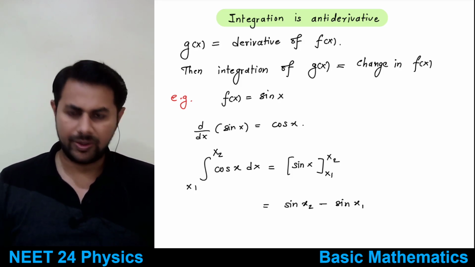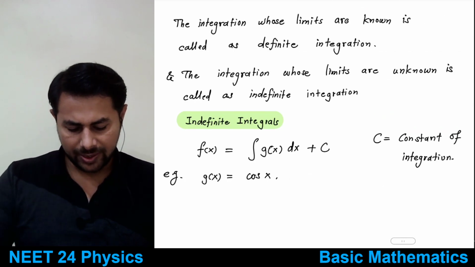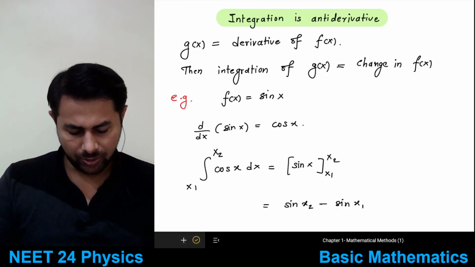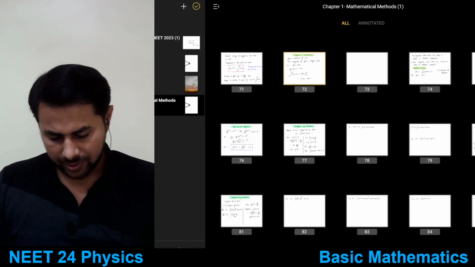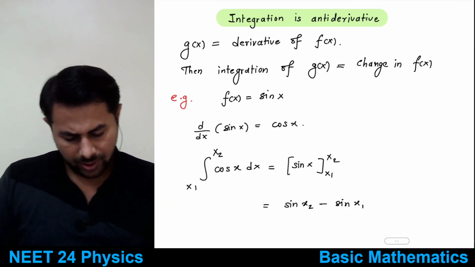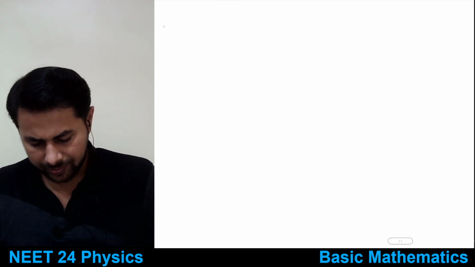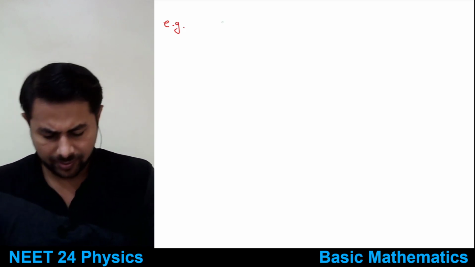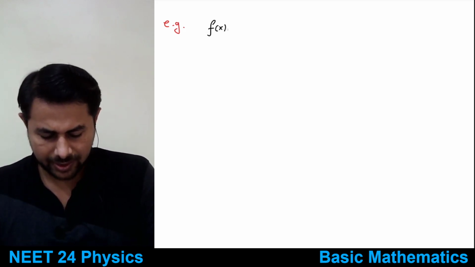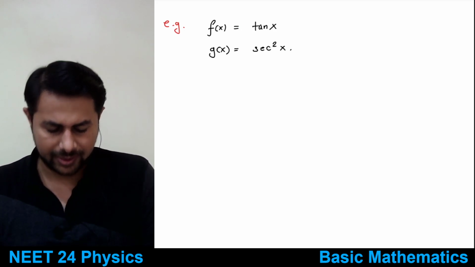Okay, very good. Then we can take some more examples. The derivative of tan x is secant square x, right? So f of x is, suppose, tan x, then its derivative, that is g of x, becomes secant square x.